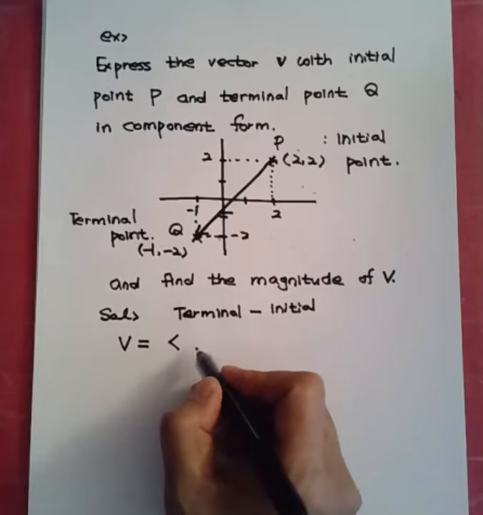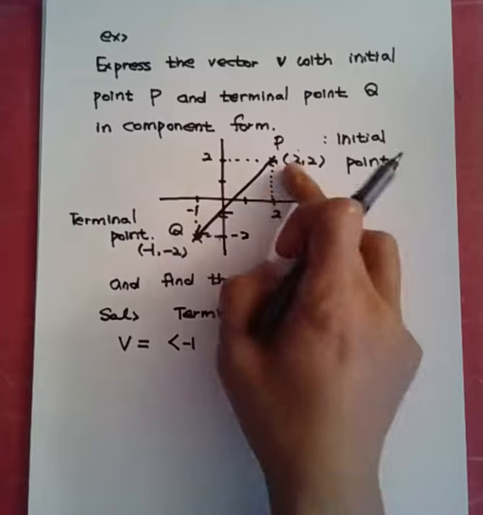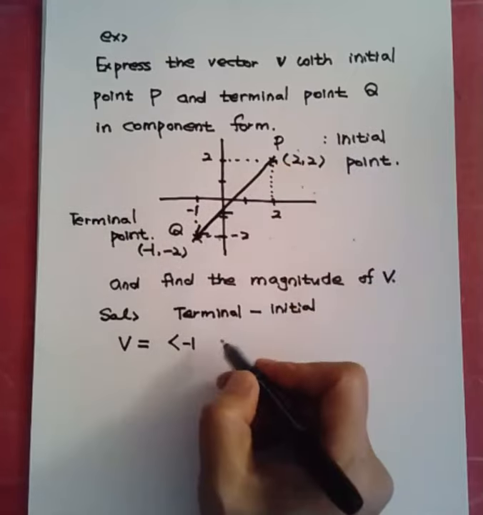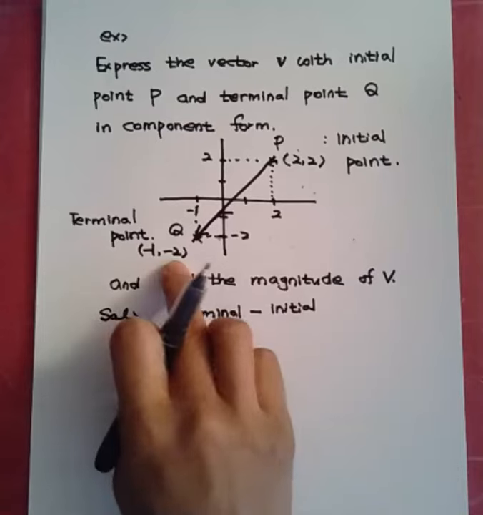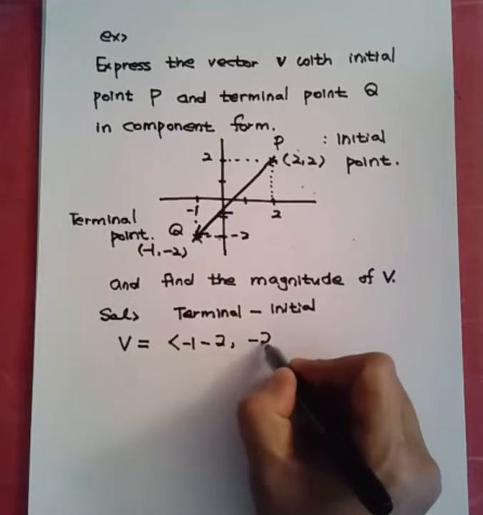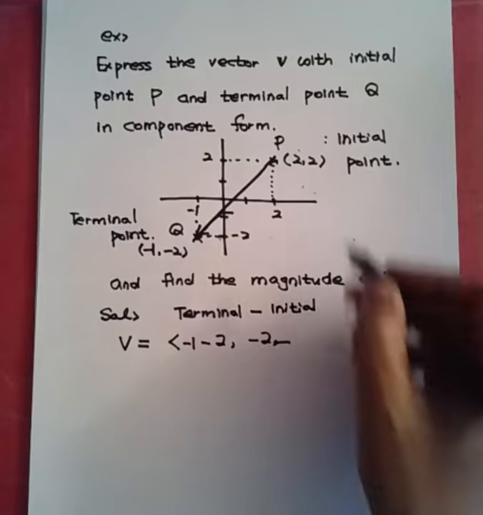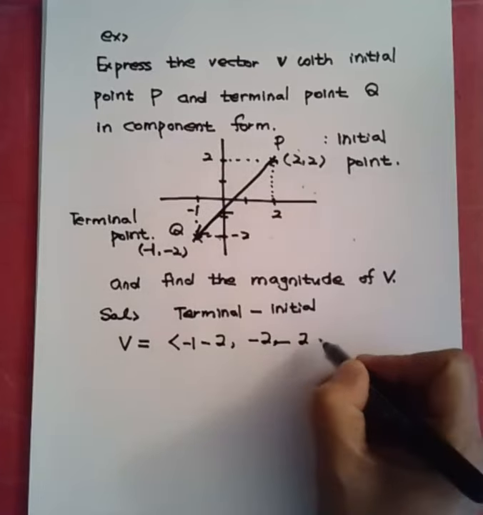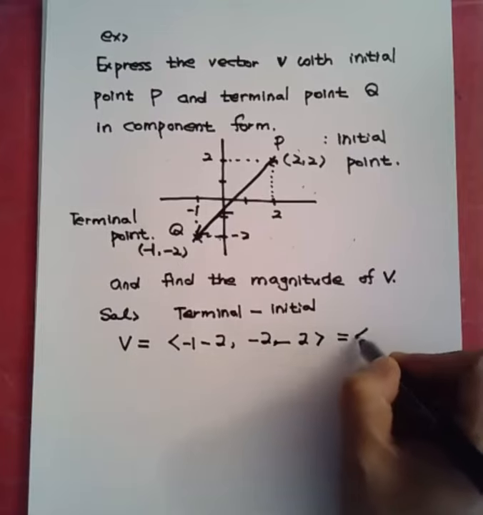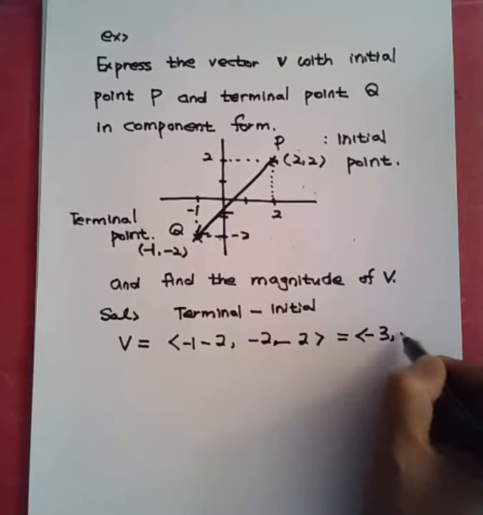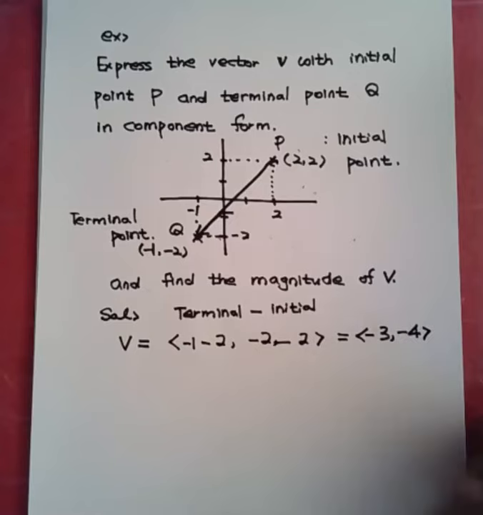The terminal point is -1, the initial point is 2, so -3. And the terminal point is -2, and the initial point is 2, so -4. So we get the component form of the vector, ⟨-3, -4⟩.